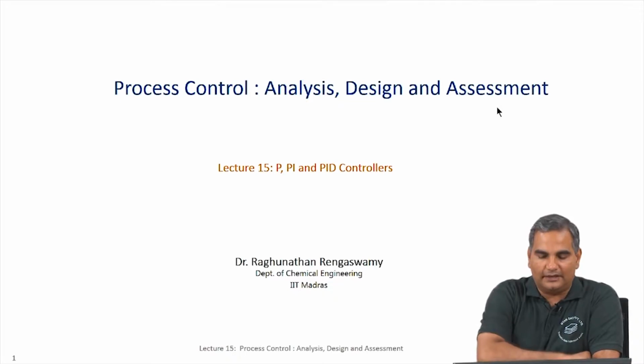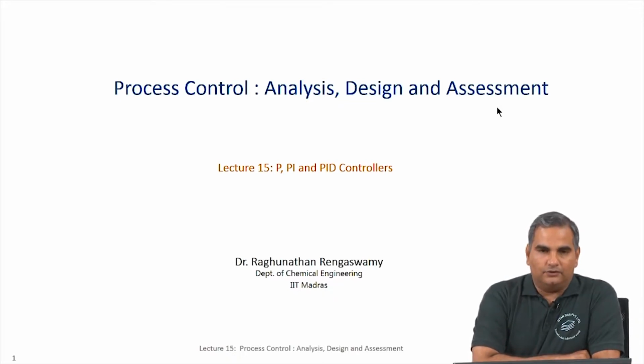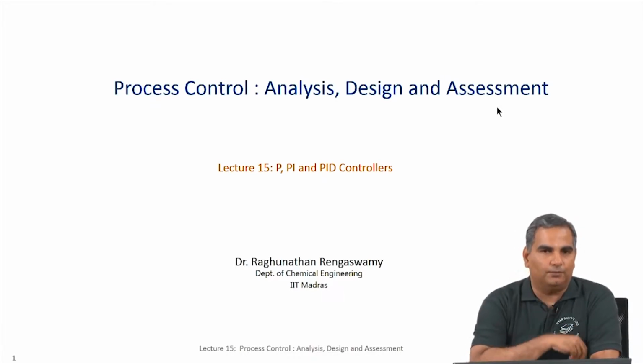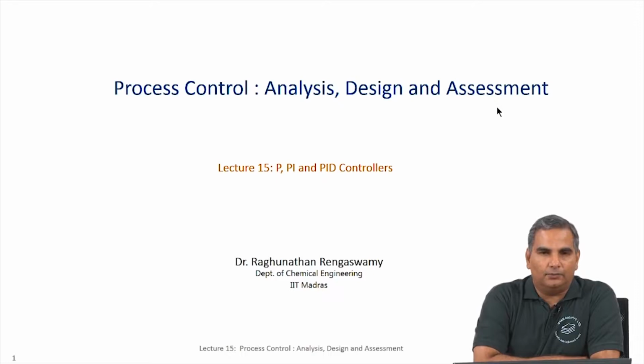So, this is what we had seen in the last class, and then we also described what the ideal transfer functions are from the viewpoint of servo control and disturbance rejection control. We showed that if the transfer function for the set point effect on y is very close to 1, then the output will follow the set point very closely, and if the transfer function which models the effect of the disturbance on the output is close to 0, then the output will be largely immune to the effect of disturbances.